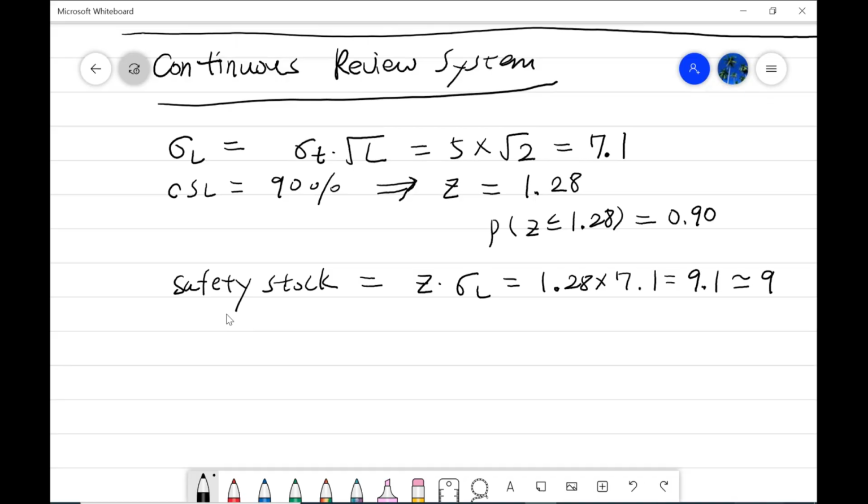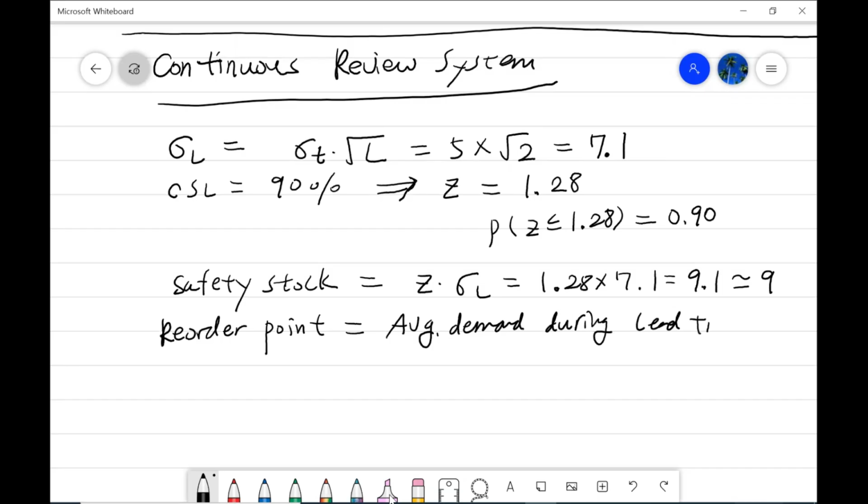Okay. And then I can calculate the reorder point. What's the reorder point? Just the average demand during the lead time plus safety stock.